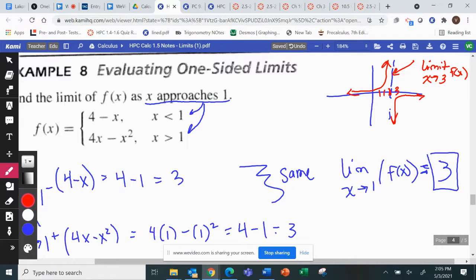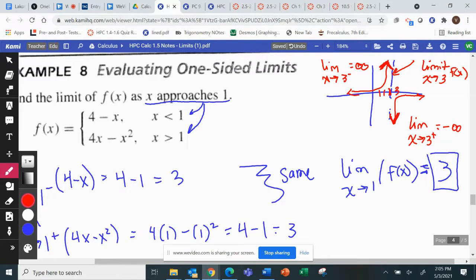So on either side of this 3, is it the same? One of them's going up and one of them's going down. So what's the limit as x approaches 3 from the left? Infinity. And what's the limit as x approaches 3 from the right? Negative infinity.